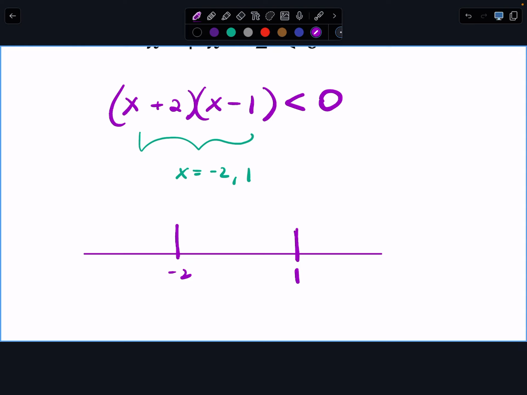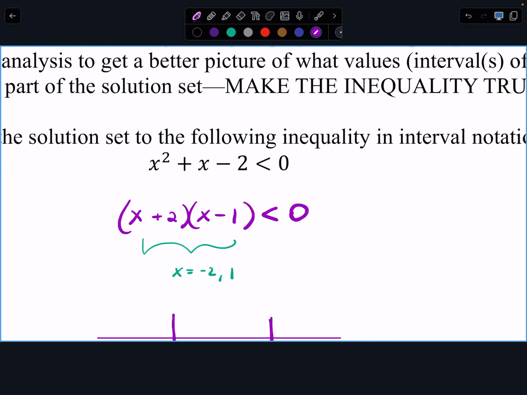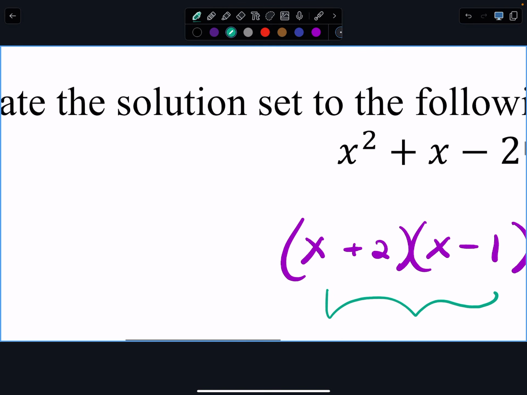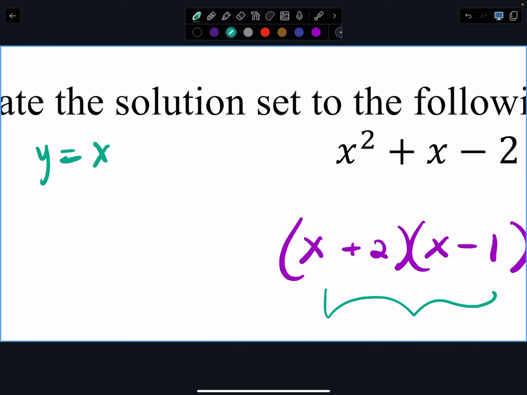If you were looking at y equals x squared plus x minus 2, you would be able to tell me that it's a parabola that opens which direction? Up, right?